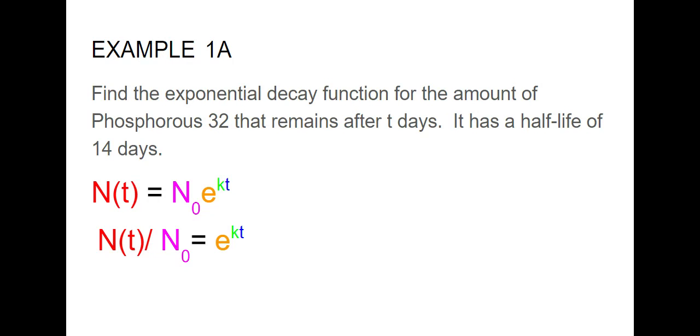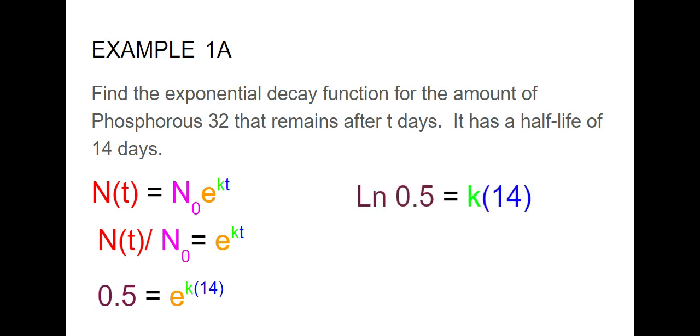The other thing that they tell us is that we achieve that half when we have 14 days. So that's the two pieces of information that we can pull from this problem. That's why I'm allowed to write 0.5 is equal to e to the 14k. So the 0.5 again is because we have a half-life at 14 days. Just like we have been doing, this is an exponential, so we need to write it as a logarithm. And so we have the natural log of 1/2 is equal to 14k.